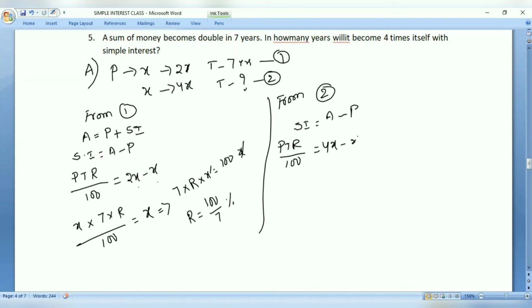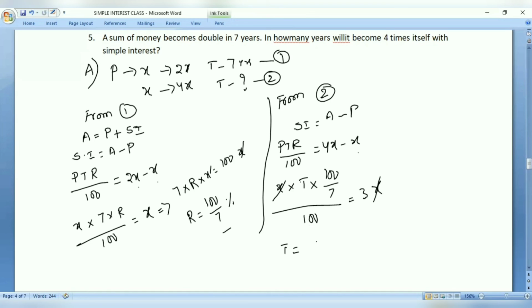And the principal is X, we know. Time, do we know? We do not know. That we have to calculate. The rate of interest we have calculated as 100 by 7, divided by 100 equals 3x, because 4x minus x is equal to 3x. So this x cancels.